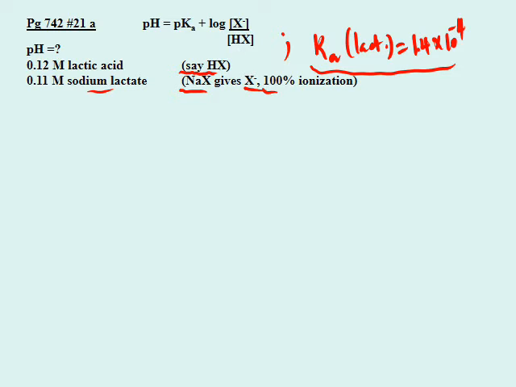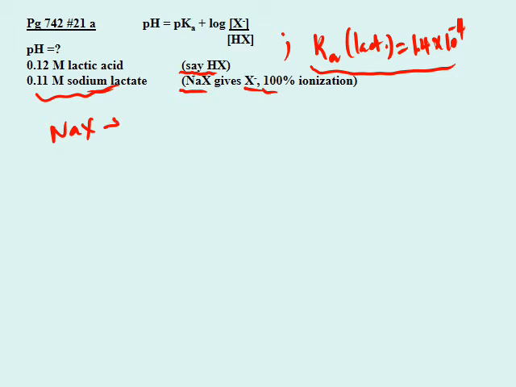Now, in order to get pH, I'm going to just plug in my numbers in that expression. So keep in mind, from sodium lactate, you're going to get lactate ion, which would be 0.11 because sodium gets separated from lactate ion. So it'd be 1 and 1. So let me write down like this so that you understand it.